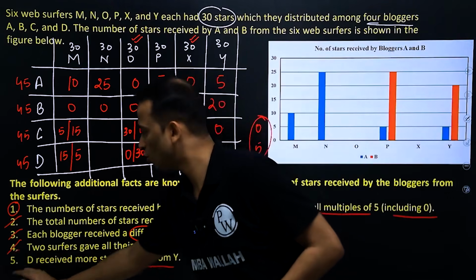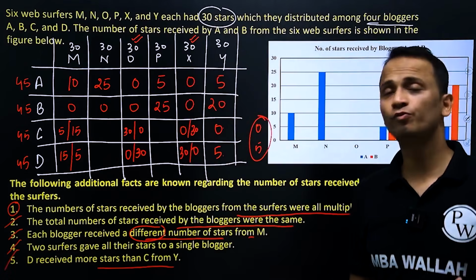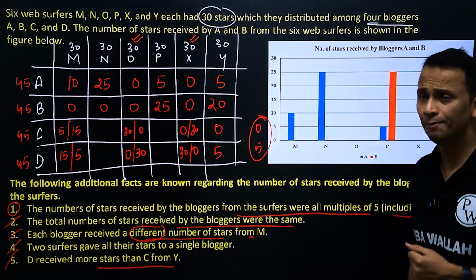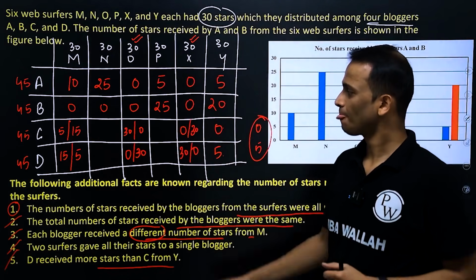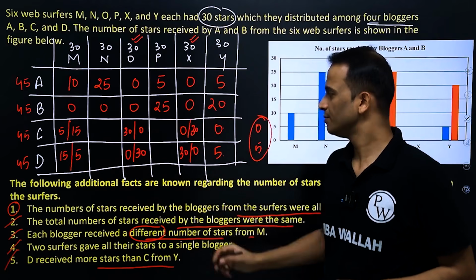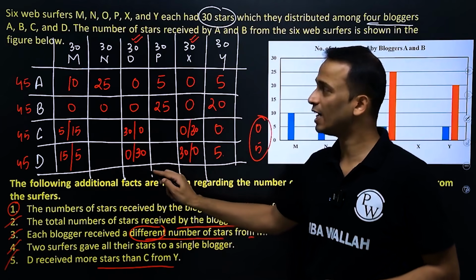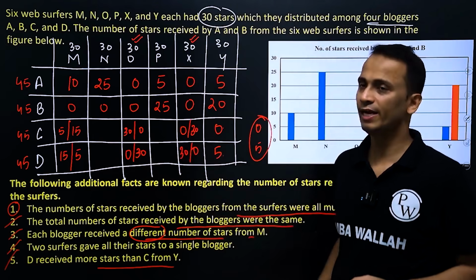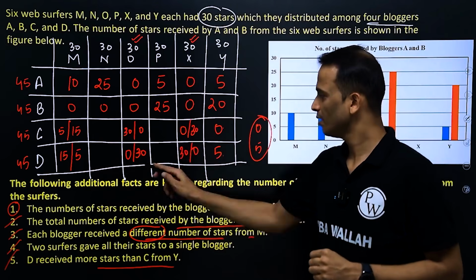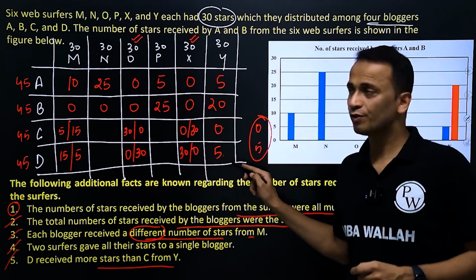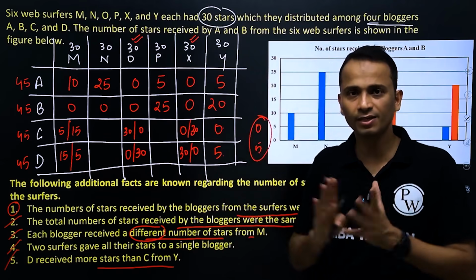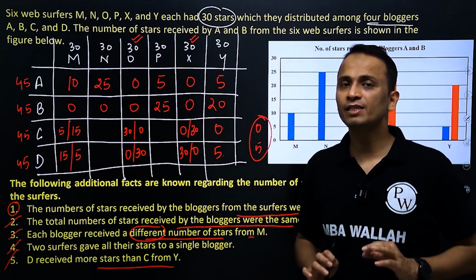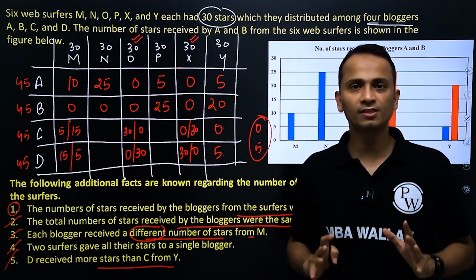Now I have read all these conditions. Now I'll have to fill in the remaining values. Okay, now understand. If I look at D, D will receive 30 stars from either O or X, and has received 5 from Y. So 30 plus 5, 35, right? So D can receive another 10 stars at most.